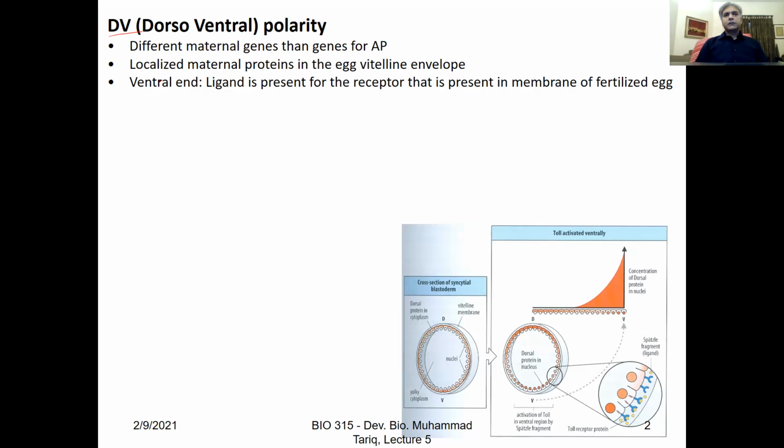And just like in anterior posterior axis formation, here also we have very localized maternal proteins which are already present in the egg vitelline membrane or envelope.